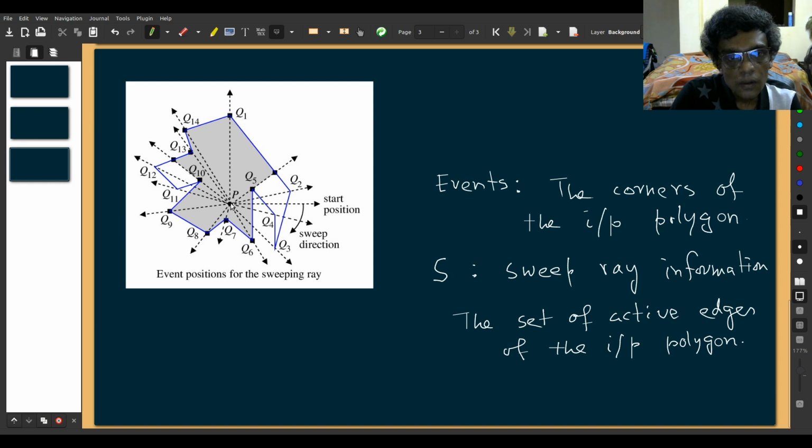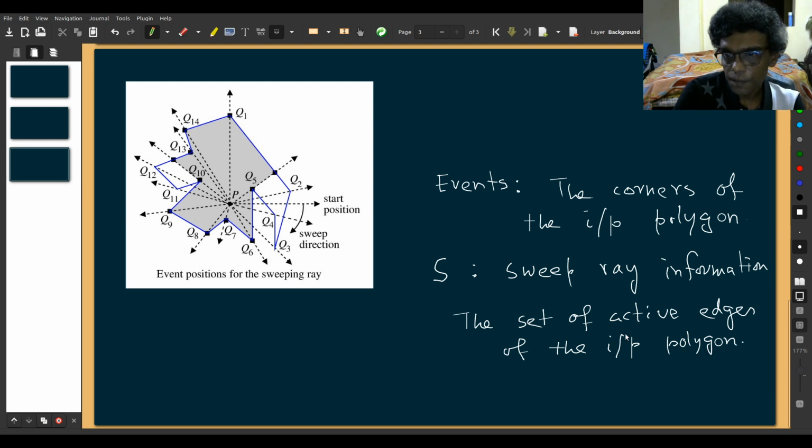Okay. So I am not talking about this direction. The ray is always starting from a point and looking at this direction. If I extend it backward, there will be other edge intersections, but I will not consider those. So Q5Q6, Q4Q5 and Q2Q3. These are the 3 active edges at the beginning.